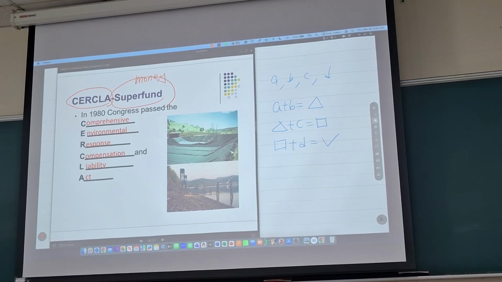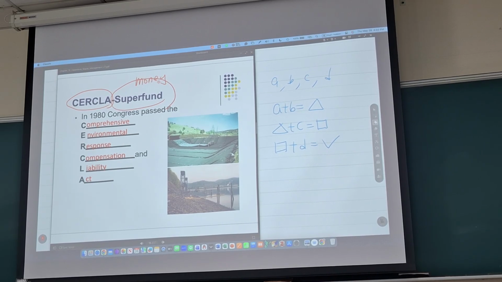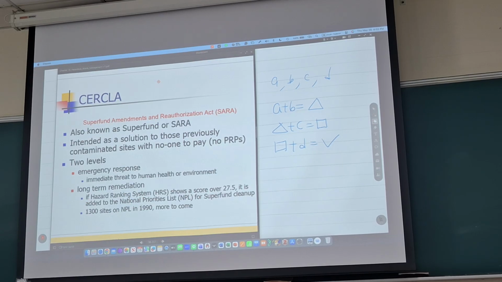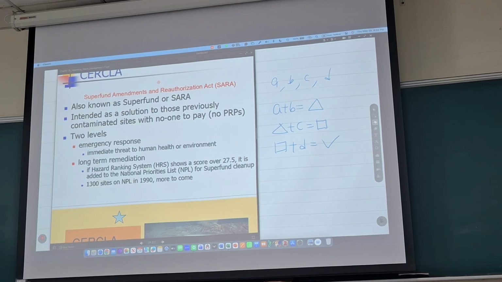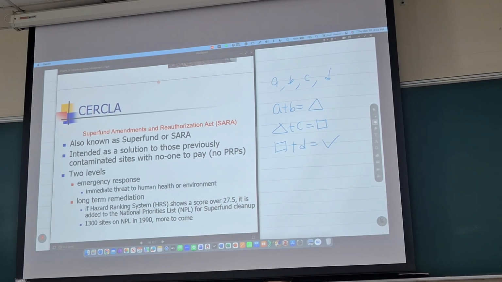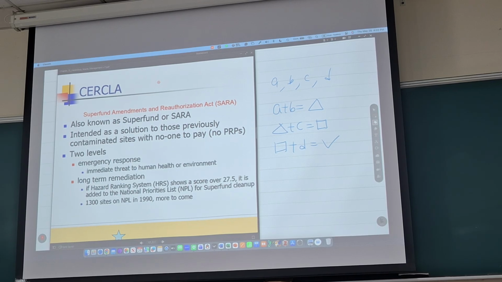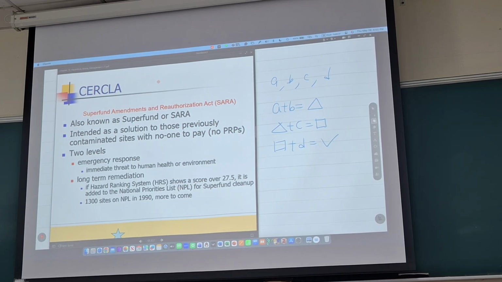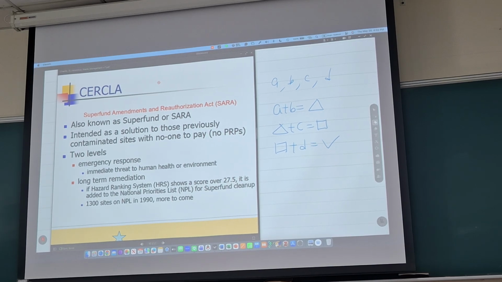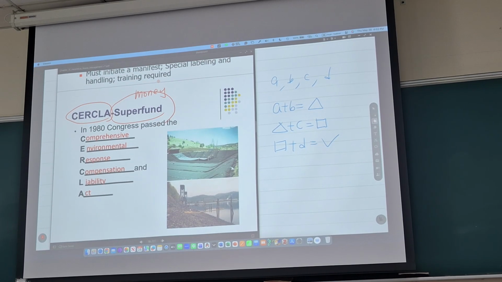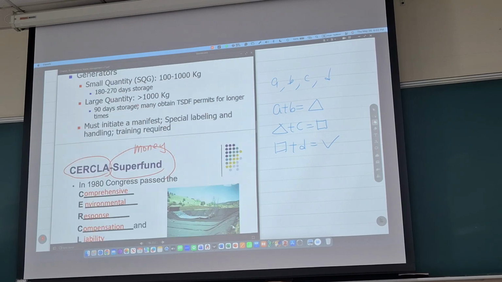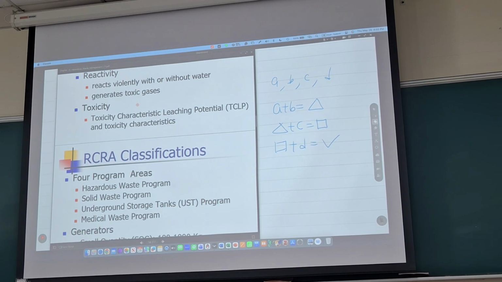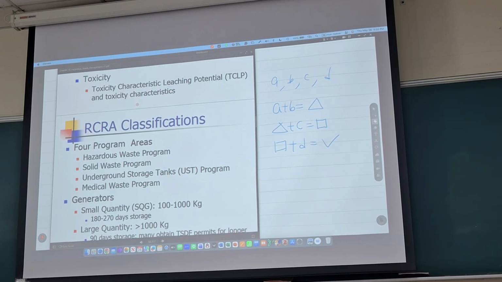CERCLA is the funding, to fund the facility or agency to take care of the hazardous waste. It's money, it's the funding, and RCRA is the law. Understand?